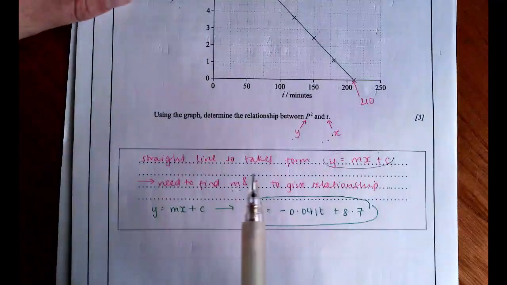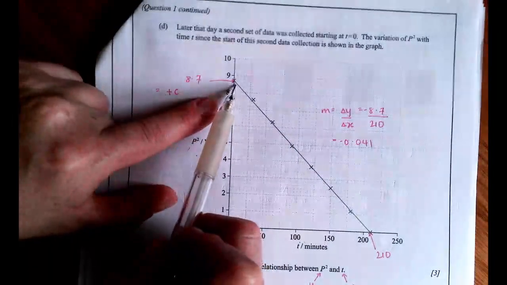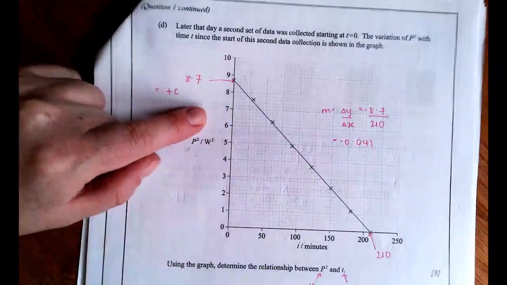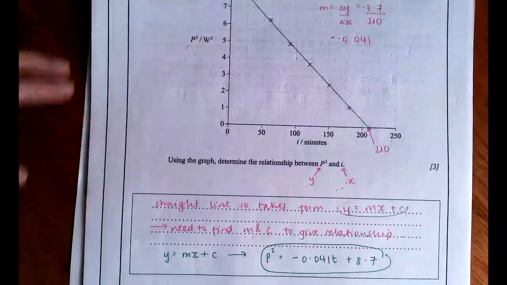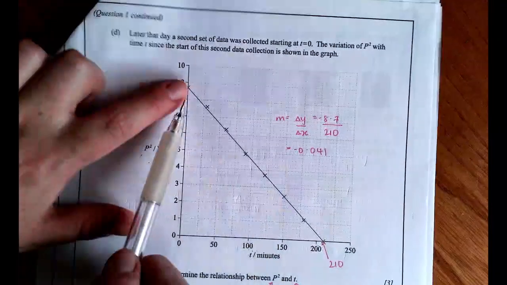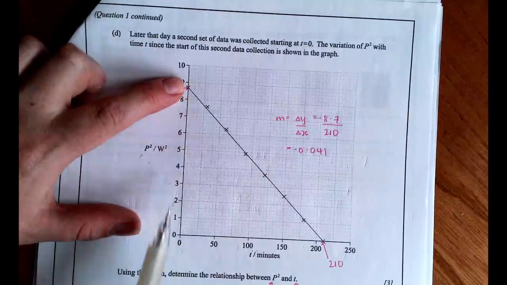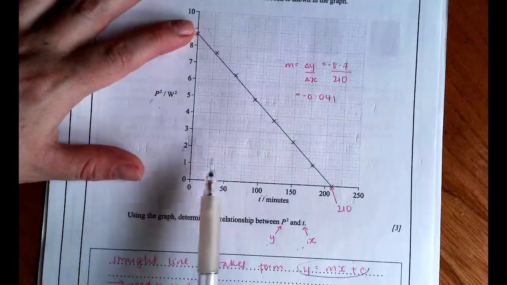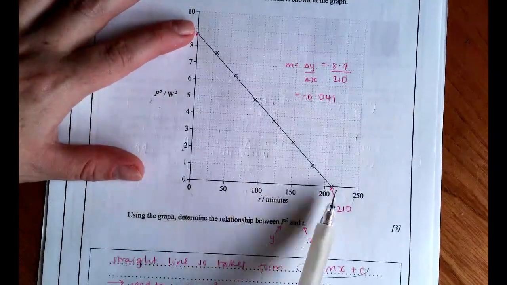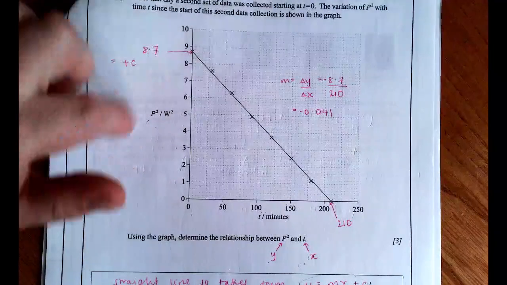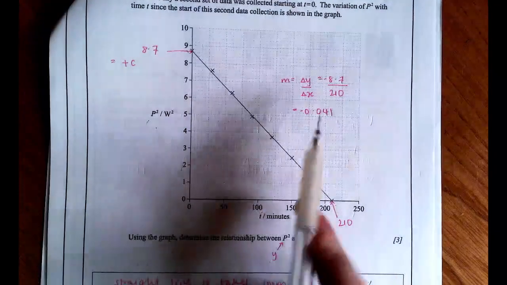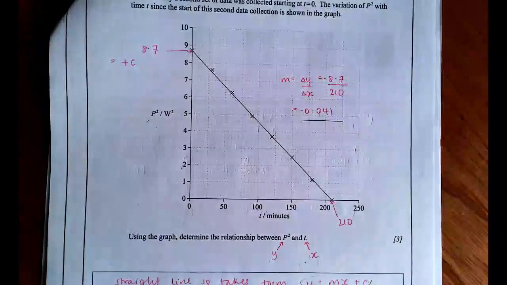So c is my y-intercept, which is 8.7, and my gradient is negative, and it's the 8.7 as my change in y over my change in x, which is 210 if I use the whole graph, and you get your gradient value of minus 0.041.